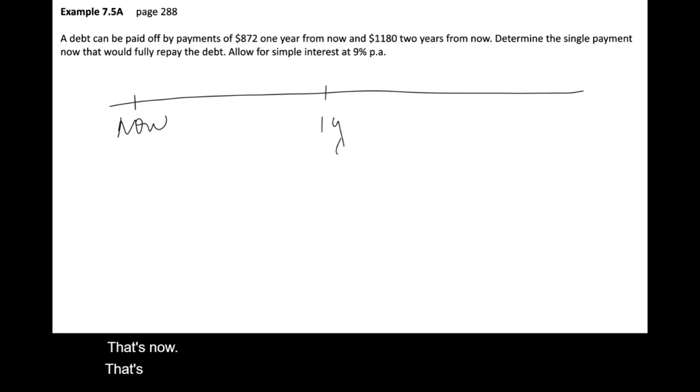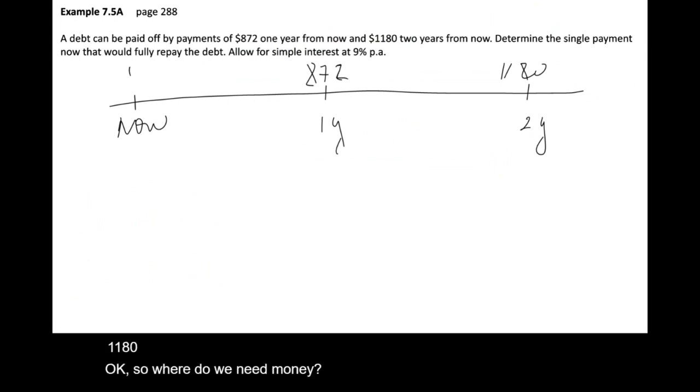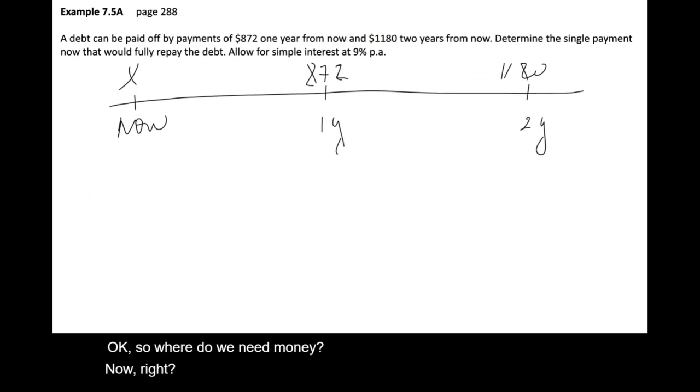That's 1 year. How much? 872, right? That's 2 years. 1,180. Okay. So where do we need money? Now, right? Is the question clear to everybody, guys?